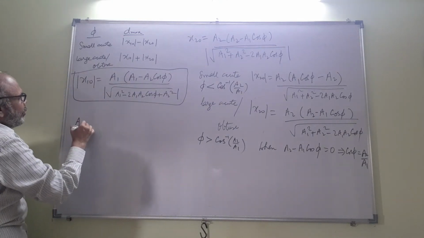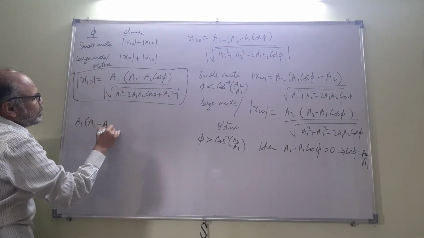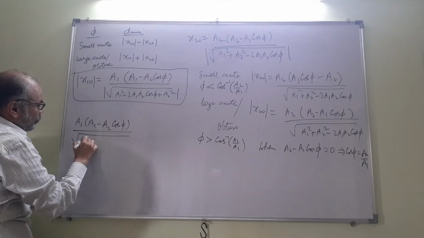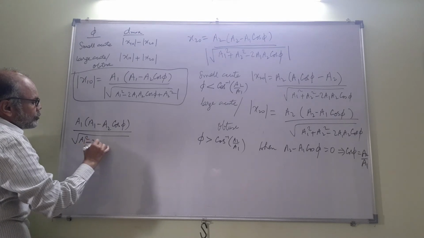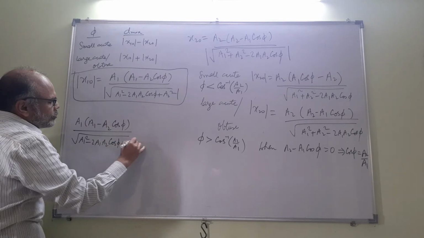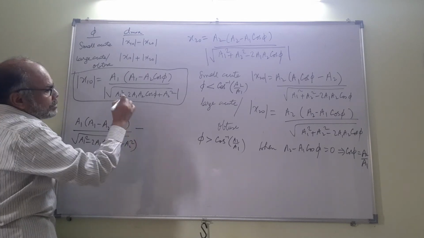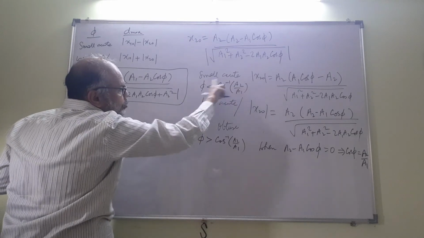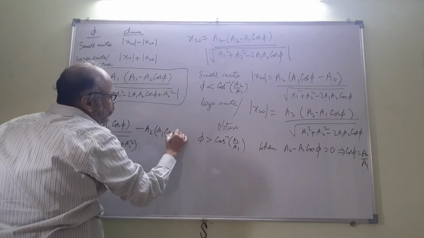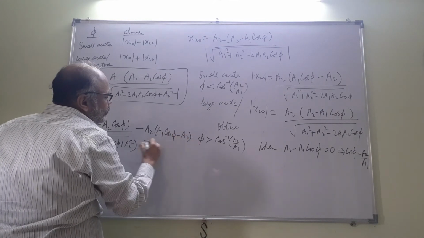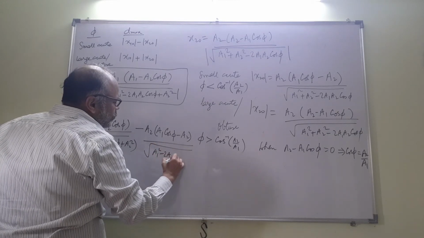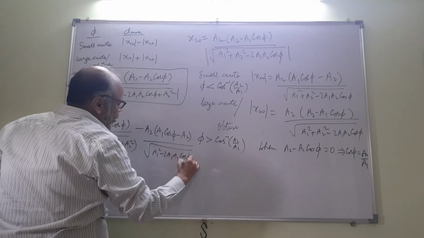So it's going to be a1 into a1 minus a2 cos phi by root of a1 squared minus 2a1 a2 cos phi plus a2 squared, minus this quantity for small acute. That is minus a2 into a1 cos phi minus a2 by root of a1 squared minus 2a1 a2 cos phi plus a2 squared.